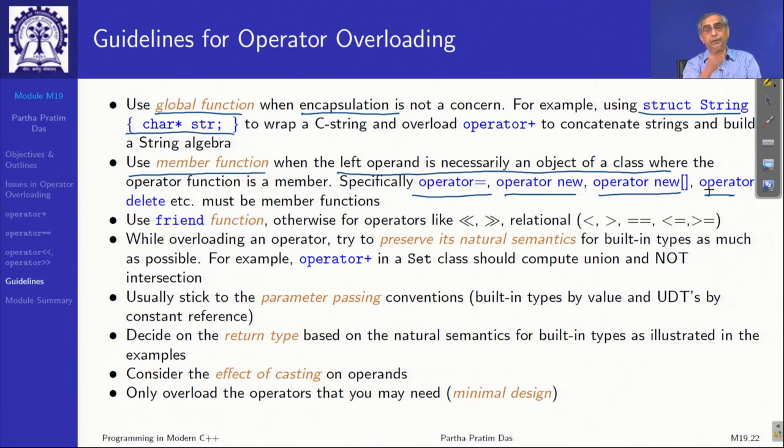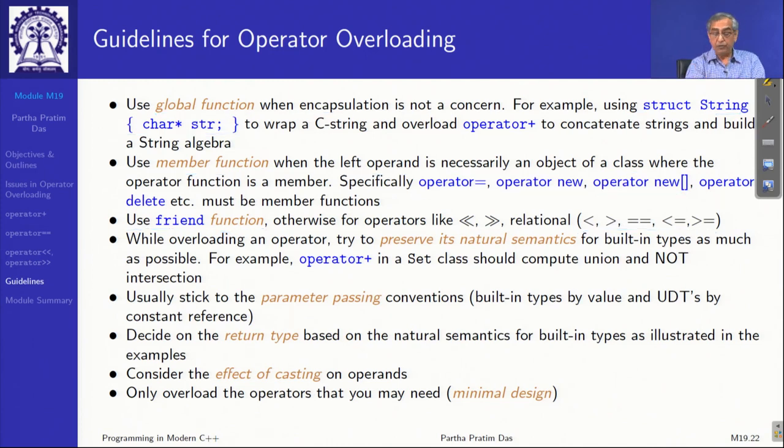Otherwise, other operators like increment, post increment and pre increment could also be done as member functions. Otherwise, you use friend functions for operators like streaming, for relational, and so on. So, this is the basic structuring rule of operator overloading.